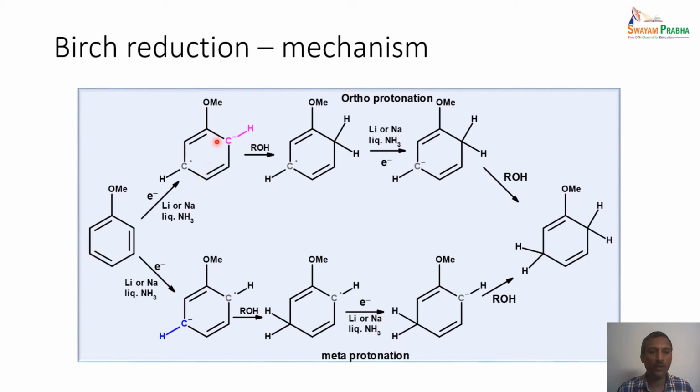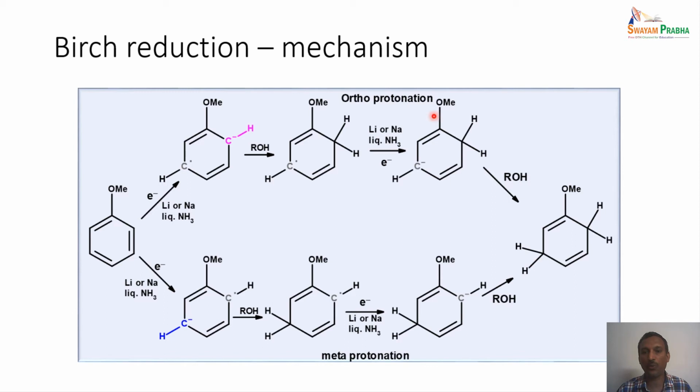So we have a carbon radical, and this carbon radical now takes the second electron and becomes the carbanion. In the second step, the proton from the protic solvent, the alcohol, is transferred to this carbanion, which is the second proton addition, and that leads to our final product.